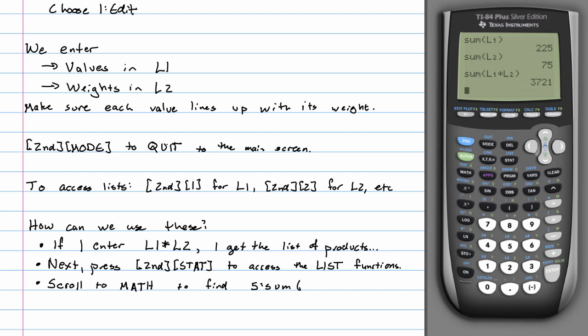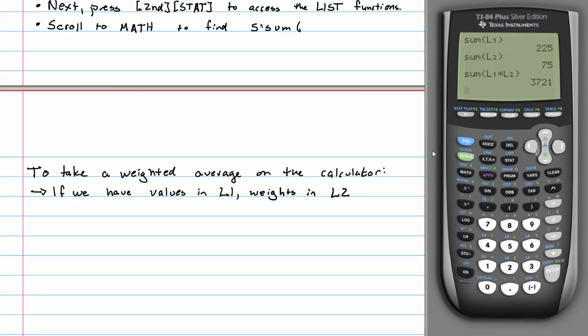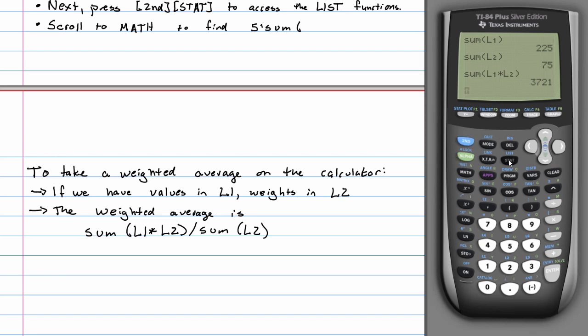So, okay, I think I can write down a process for taking a weighted average using these sums. So assuming we have our values in L1 and our weights in L2, then the weighted average is the sum of L1 times L2, so the sum of the value times its weight, divided by the sum of the weights. So let's actually run through that.